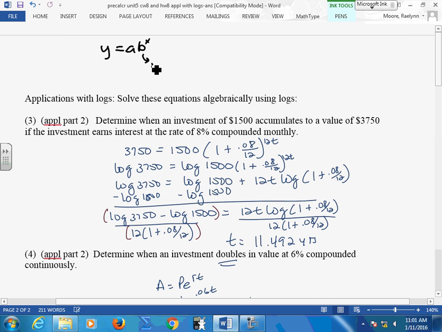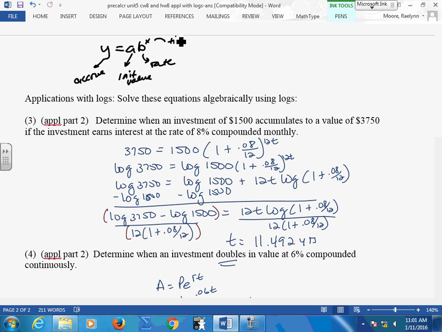Where this is my rate, this is my initial value, this is what I am accruing, what it's going to be when all this is said and done, and this is generally my time. Now, when you do a compound money problem, it's a little bit different.